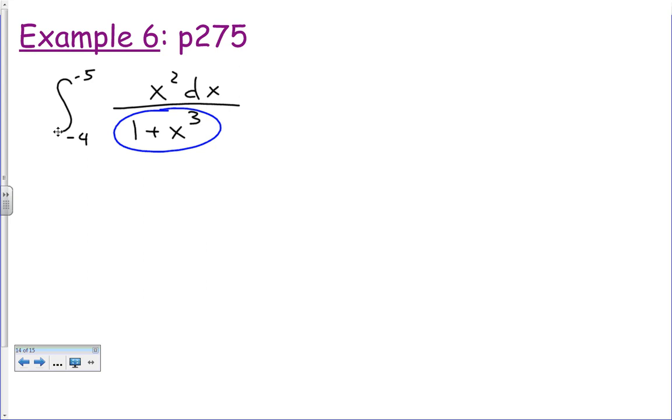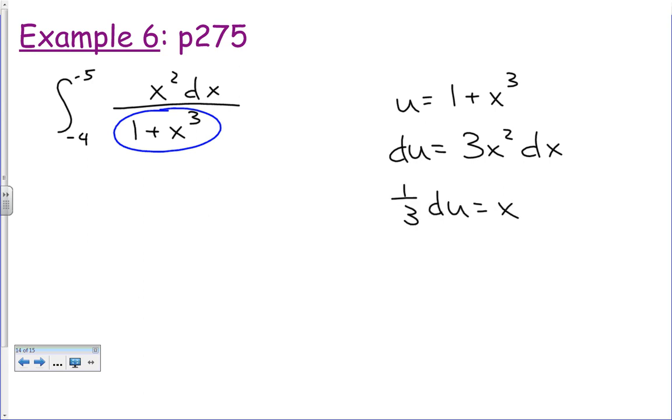So we have u is equal to 1 plus x cubed. So du is equal to, the derivative of that is going to be 3x squared times our differential of x. And you can see in my numerator I have an x squared dx. I just don't want the 3, so I'll move it to the other side. 1/3 du equals x squared dx.